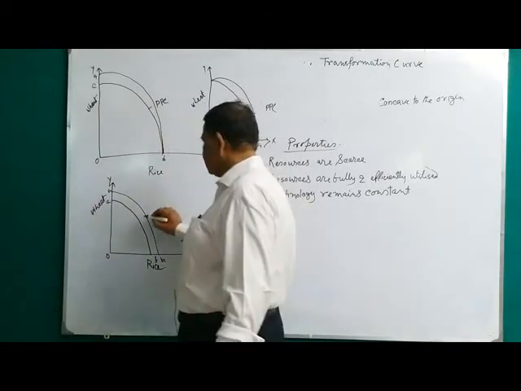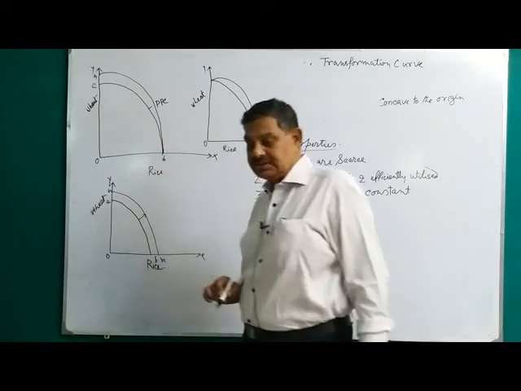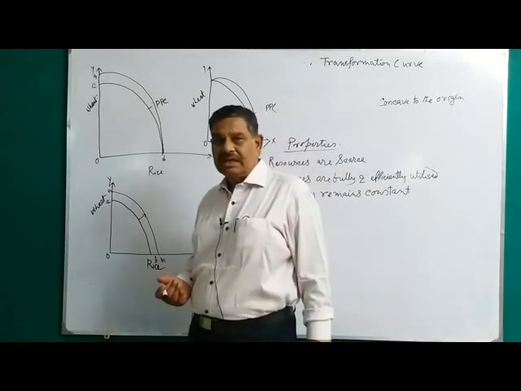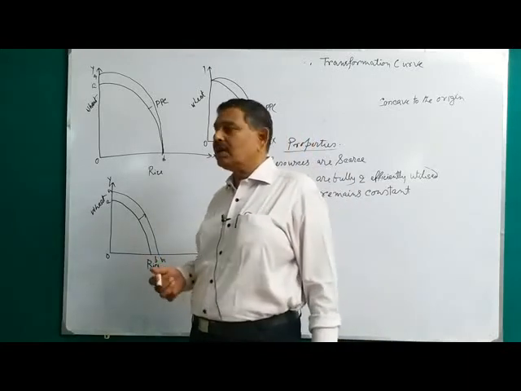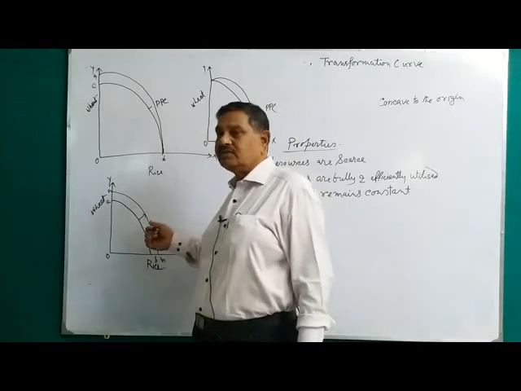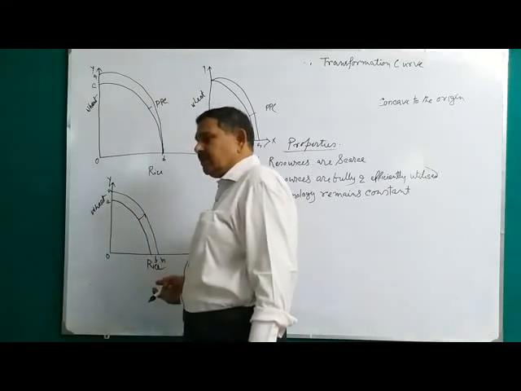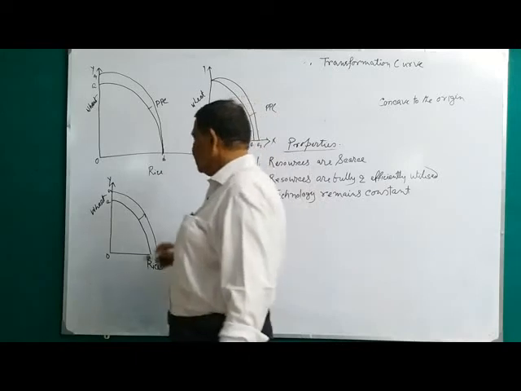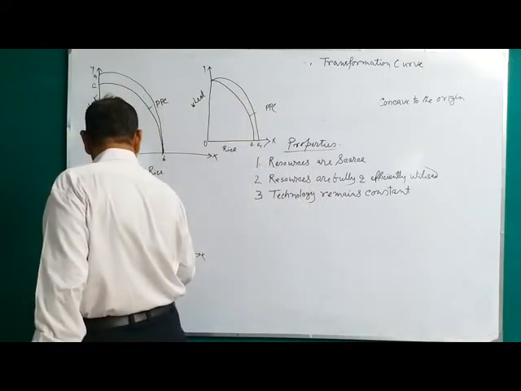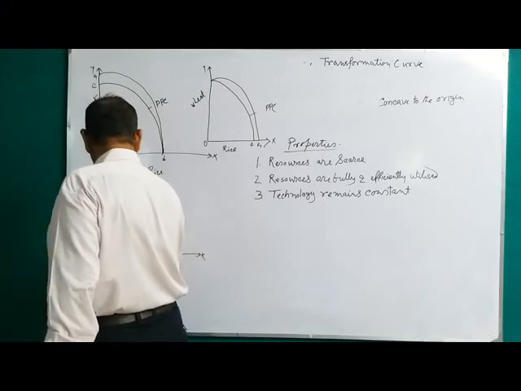It must shift to the right because of the change of technology. It may be a change of resources even. If resources increase, if your capital increases from 100 rupees to 200, then it will shift rightward. But if the technology declines or resources are not available, if resources decline, then it will shift leftward, to A2, B2.